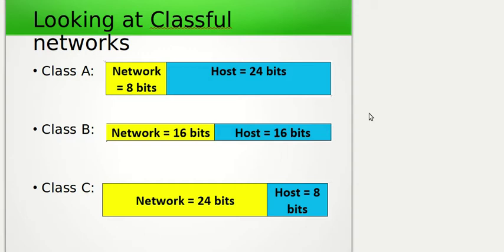So that means that the first octet represents our network, the last 3 octets represent that particular host in that network. With class B, it is the first 16 bits of the address which represent our network part, the next 16 bits represent our host part. And with the class C address, it is the first 24 bits which represent our network part, and the last 8 bits which represent our host part.